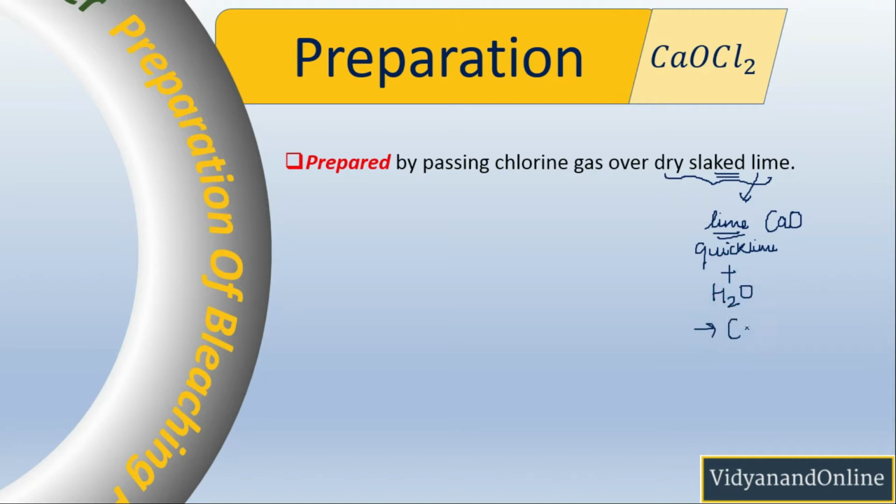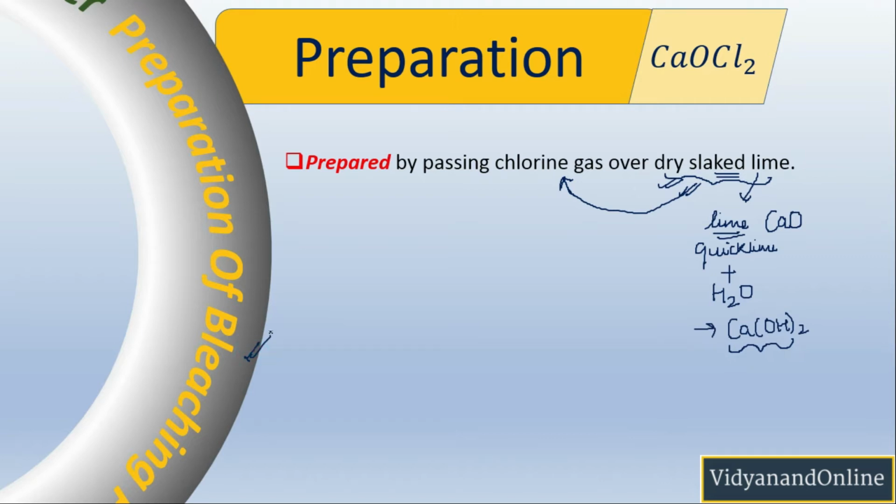Slaked lime is Ca(OH)2. It is a highly exothermic process, and that is why we have to be very cautious. Now this slaked lime is wet, but we require dry slaked lime. So we dry it to remove water from it, and thus we get the dry slaked lime. The chlorine gas is then passed through this dry slaked lime in order to get the bleaching powder.